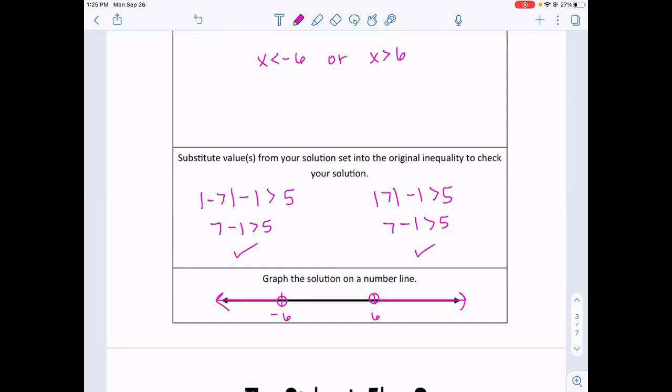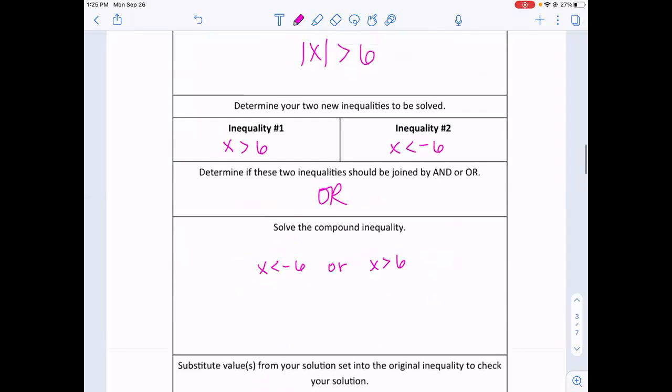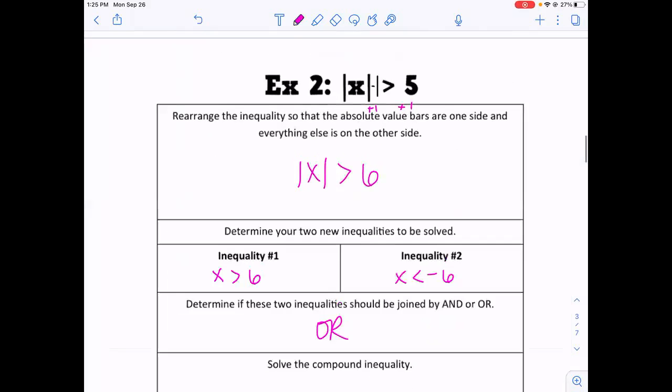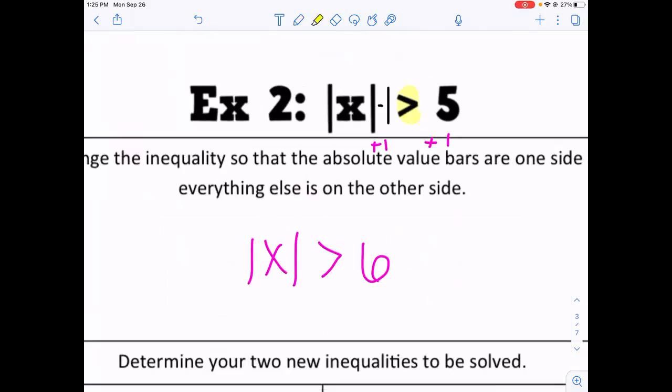Amelia? Why is it an or statement? We know it's an or statement because our original problem is the greater than sign. Correct. Okay.